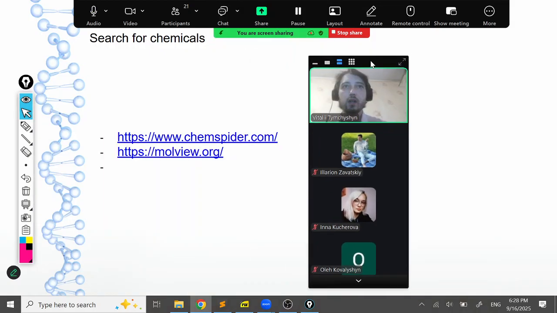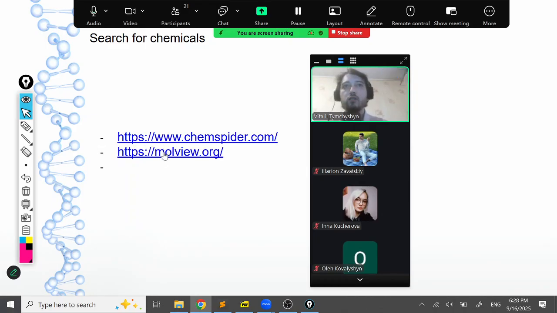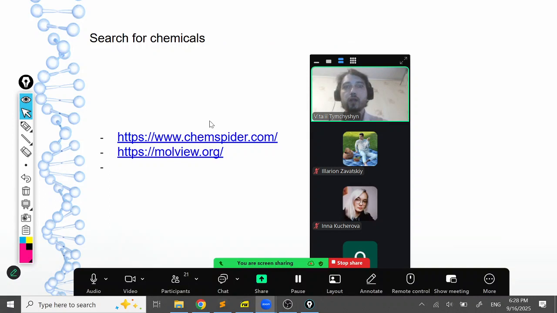Okay. Here are 2 useful links for you. One is to ChemSpider and the other is to MolView. These are sites that help you search for chemicals if you know their structure. So you may not know how to correctly name them or something like that.